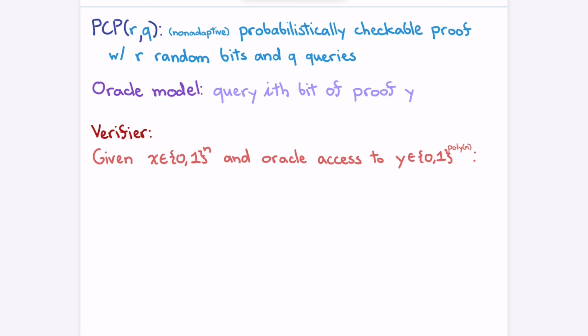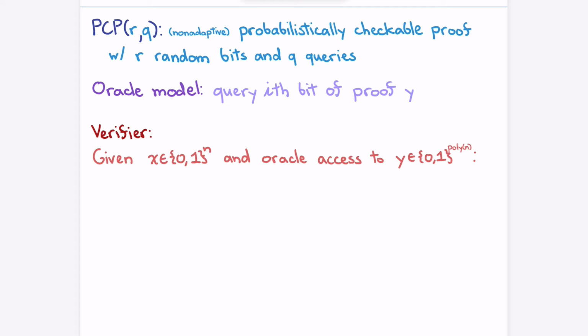So based on the random bits, I'll look at the first slot and the 100th slot and n minus 5 or something, and I'll only look at those bits of the proof and make up my mind. So the proof may be long, but you're only going to access small parts of it. The class PCP[R,Q] is the ones with these kinds of verifiers.